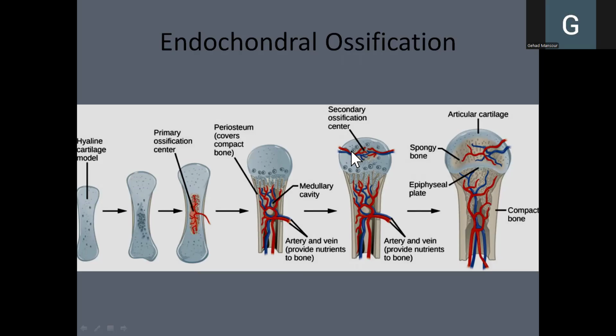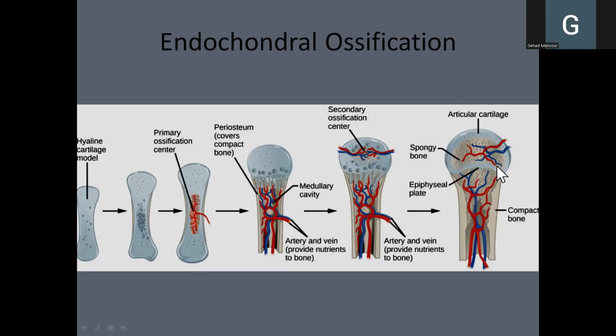At the same time, we have the secondary center of ossification, where ossification also occurs in the heads of the bones. As you can see, there are certain parts that are not ossified. So we have the articular cartilage that is not ossified to keep it smooth for preventing friction in the joint.